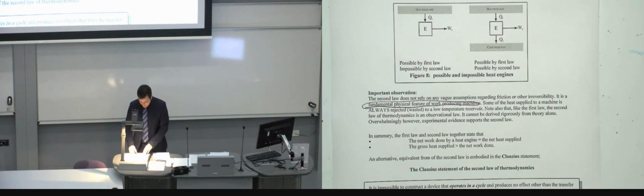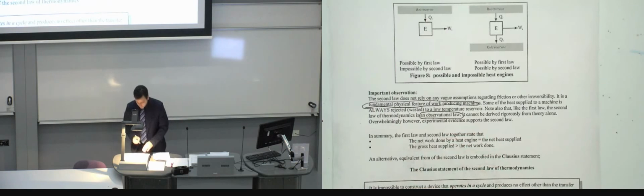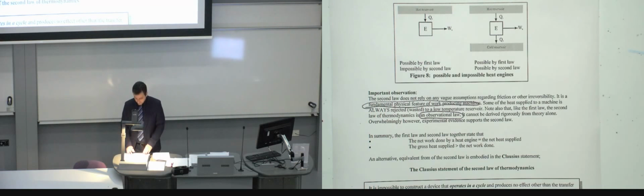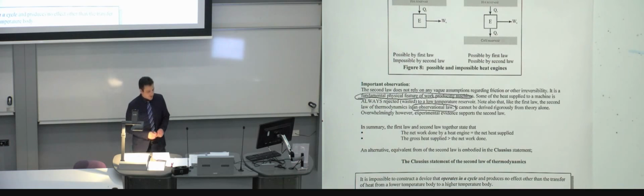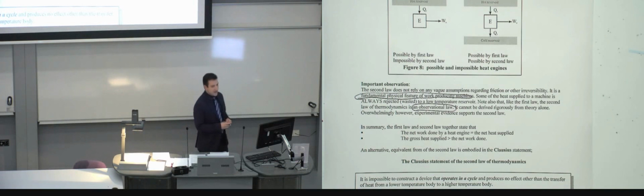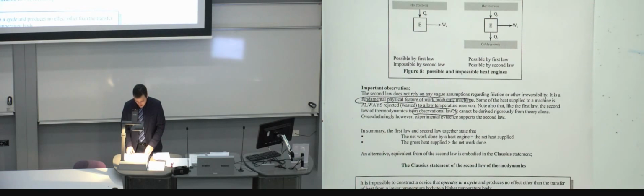The second thing about the second law is that it's an observational law, which means you can see the effects of that in reality. It's not only theoretical stuff. You can see and observe the effects and implications of the second law.